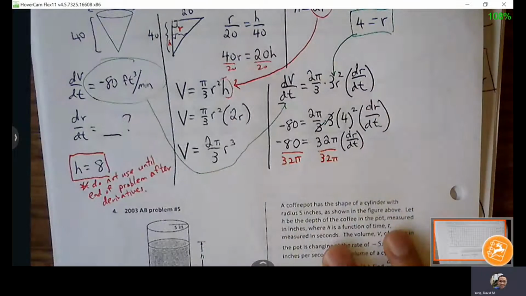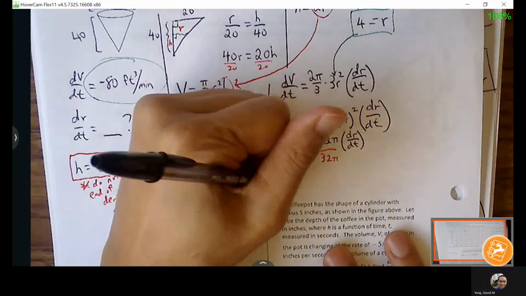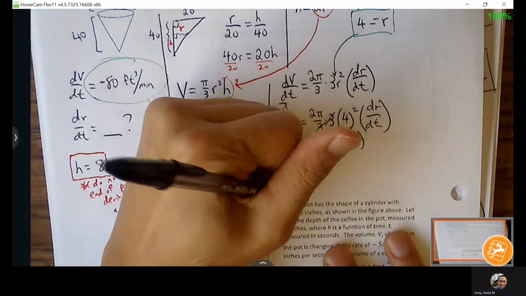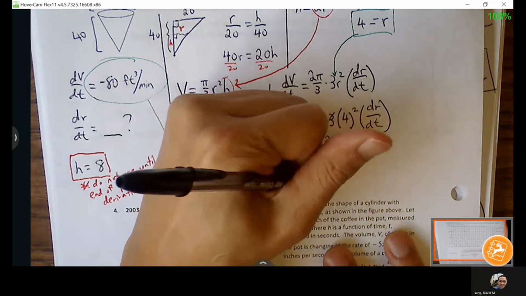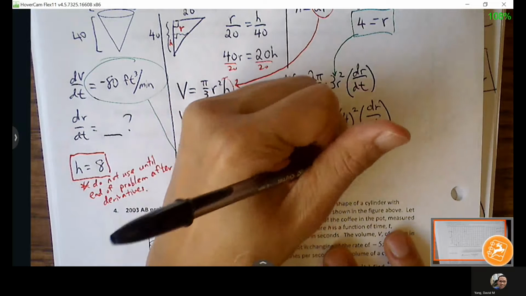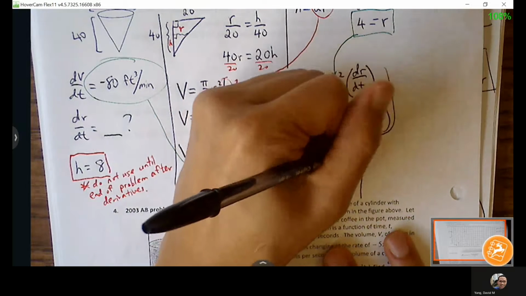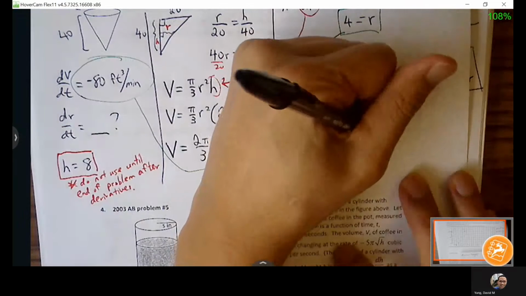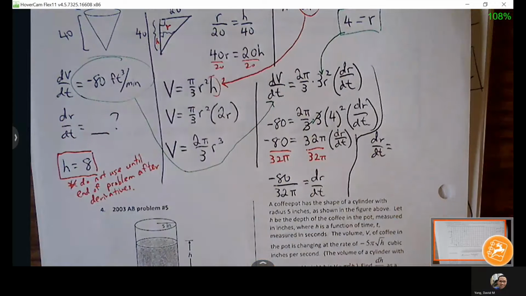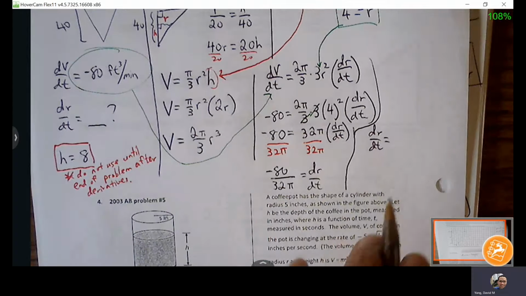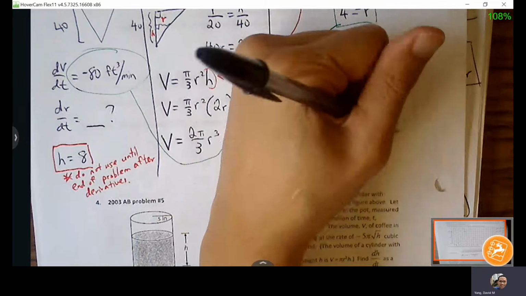Don't reduce that anymore. The negative, right?